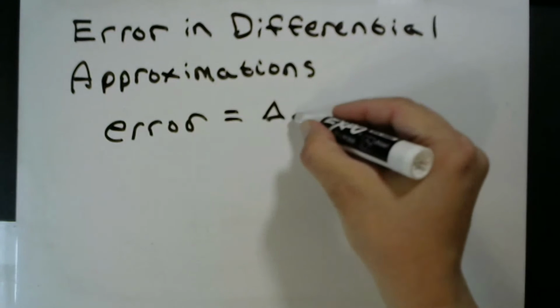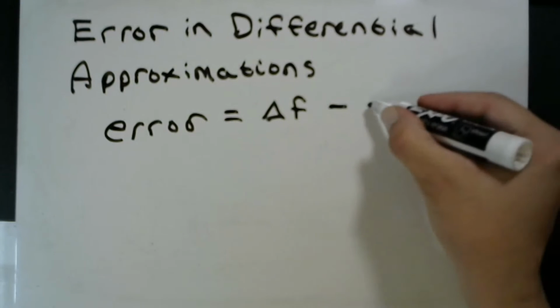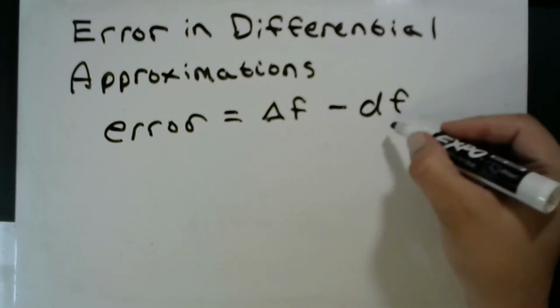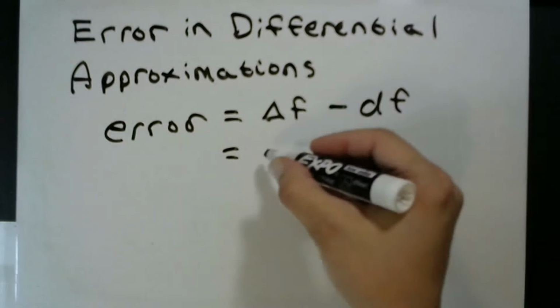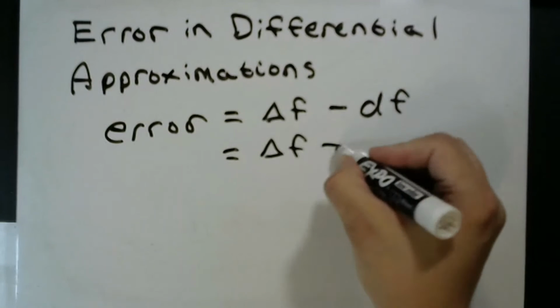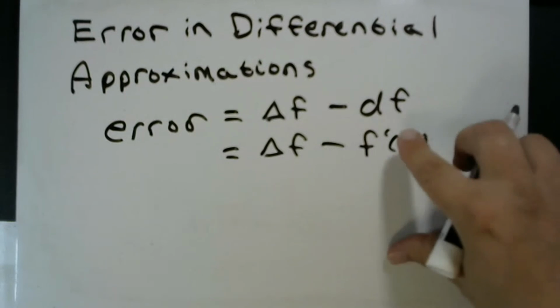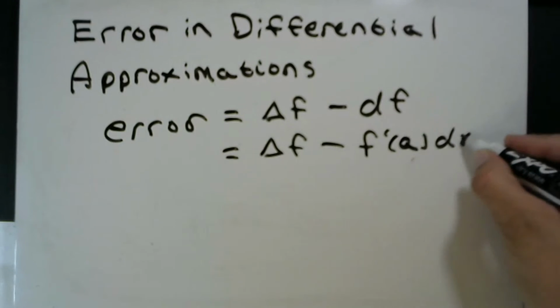it's the actual change, the delta F or the delta A or the delta V, minus the differential. Could be dF, dA, dV. And for the differential we use f prime of x, or f prime of a, dx.